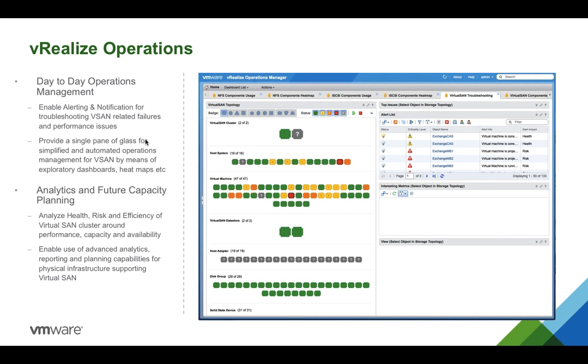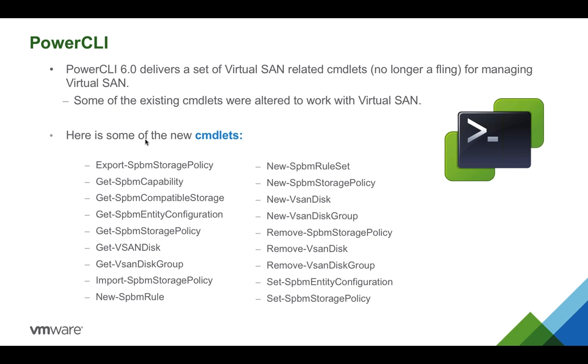We're looking into moving a lot of the things we do with RVC, which is command line, and also UI, directly into vROps, leveraging things like smarts, identifying health, and root cause analysis, all of the different things vROps delivers as a product, now revolving around Virtual SAN. You'll see a lot of that coming very soon. We're getting ready to put a lot of collateral out there around what vRealize Operations can now monitor.